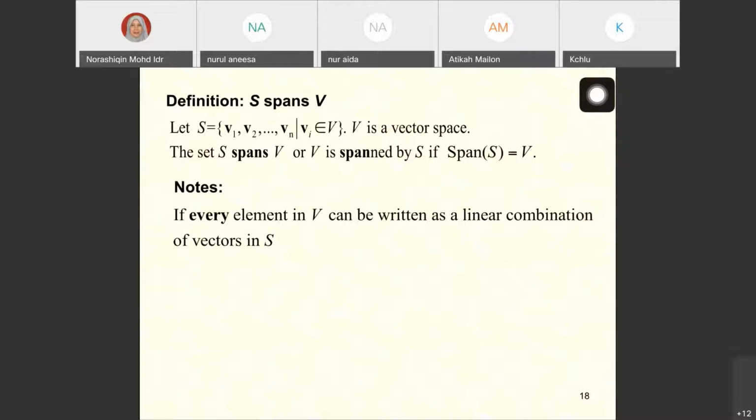On Monday we have seen that some of them cannot be written that way, and some of them can.